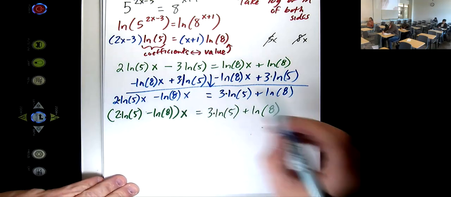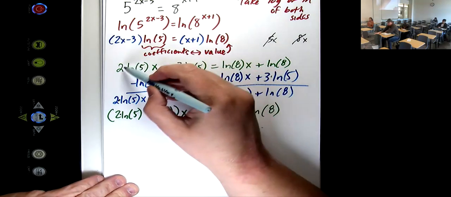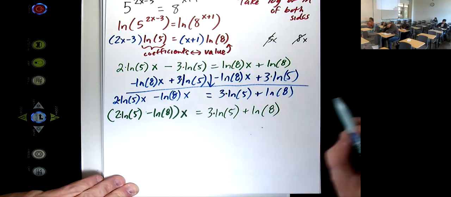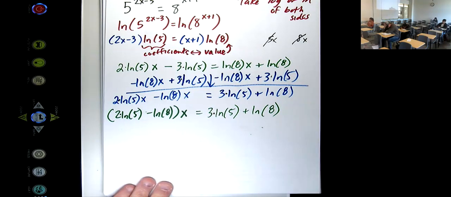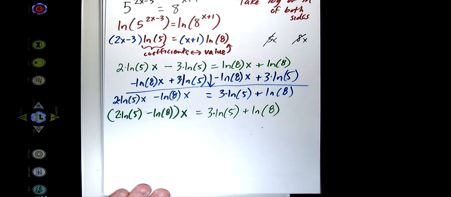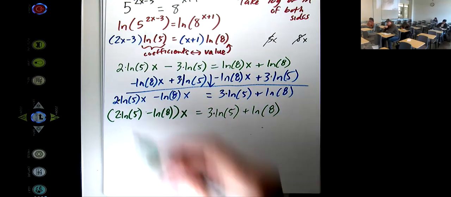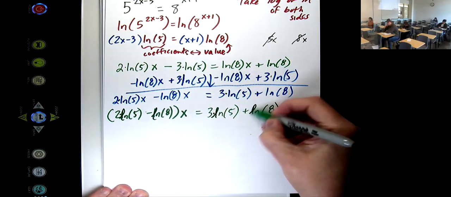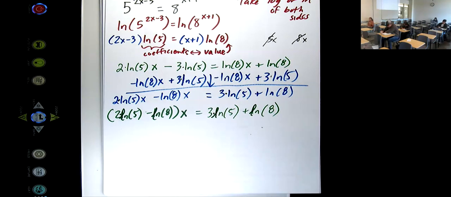Glancing away for a second made me aware that it looked like 21n5 and 31n5. I've been writing my L's in cursive to avoid that. Every time I look up, I'm like, is that a 1 or an L? So I've been writing cursive. That's an excellent idea. I can start doing that.